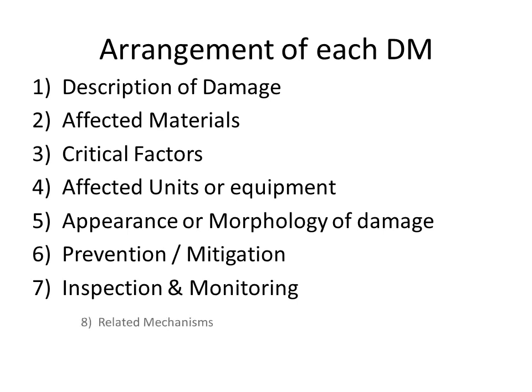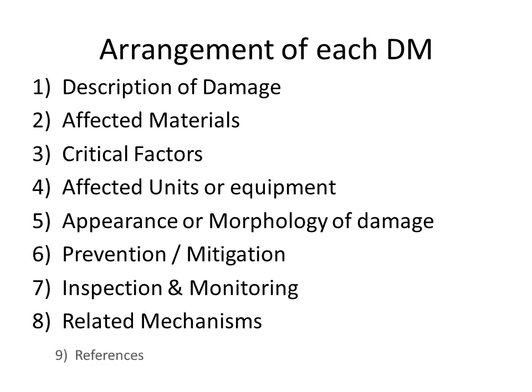There will be some similarity between damage mechanisms. Based on those similarities, the related mechanisms are mentioned under the heading related mechanisms. We have to note down what are the related mechanisms to the main damage mechanism. References are all given under the heading references, but it is not so important.